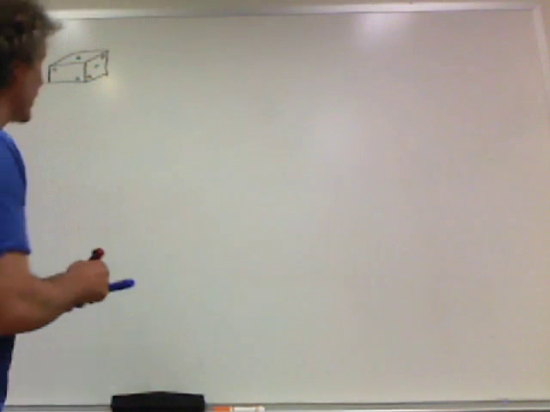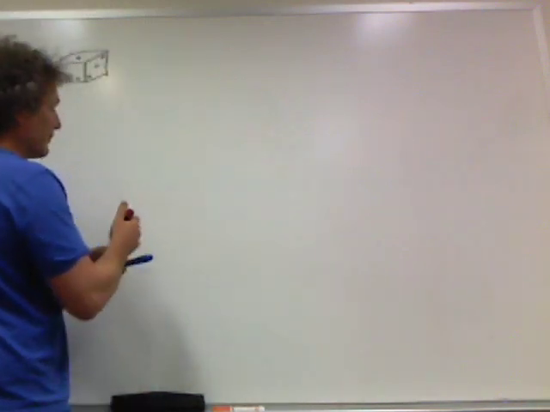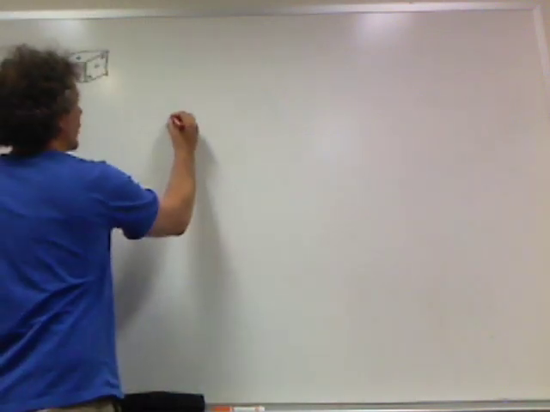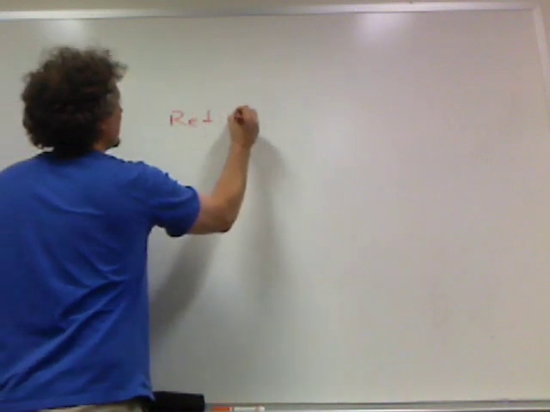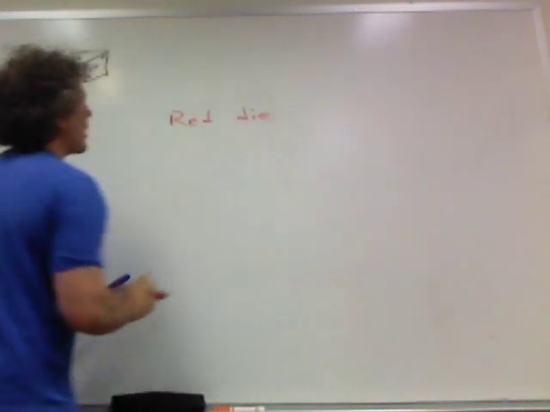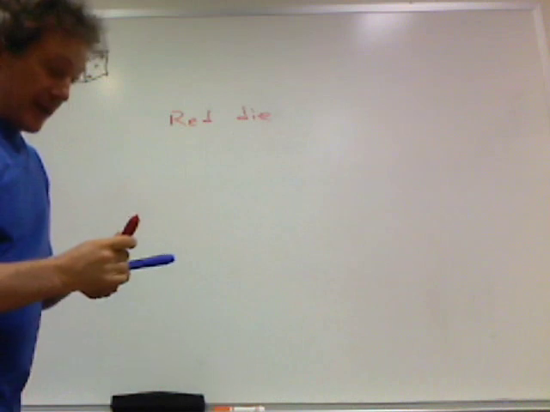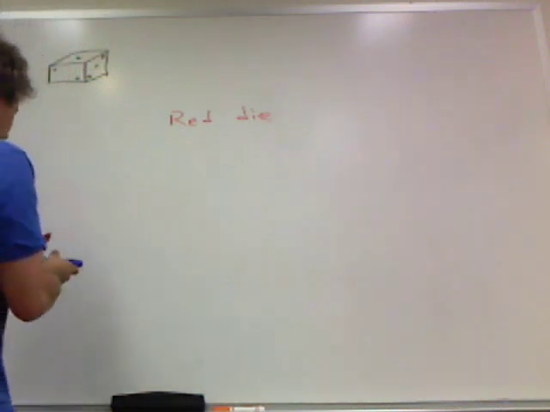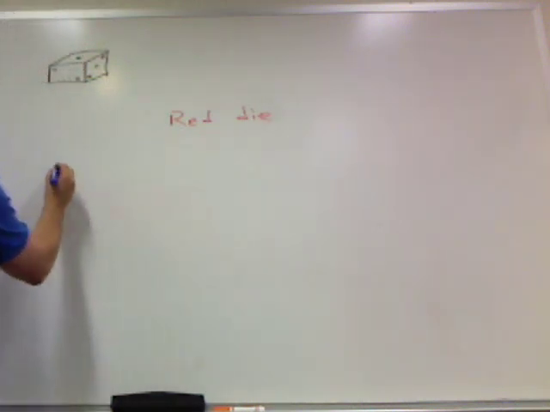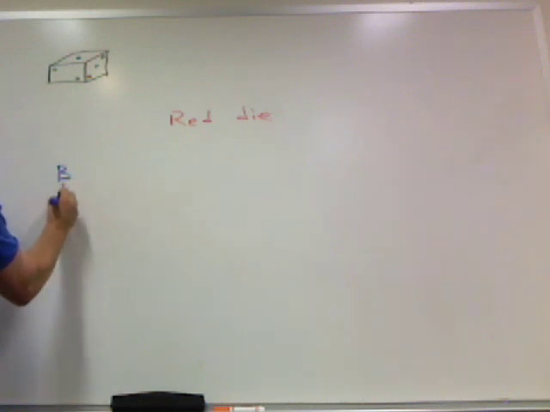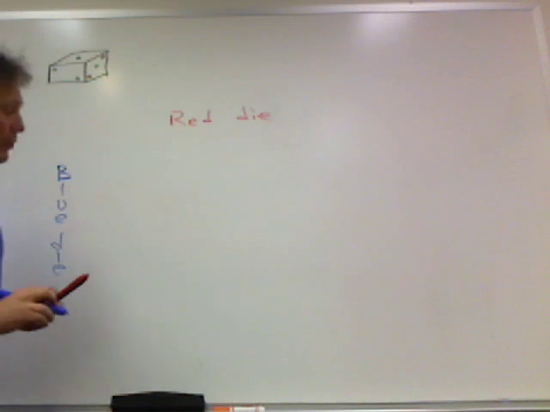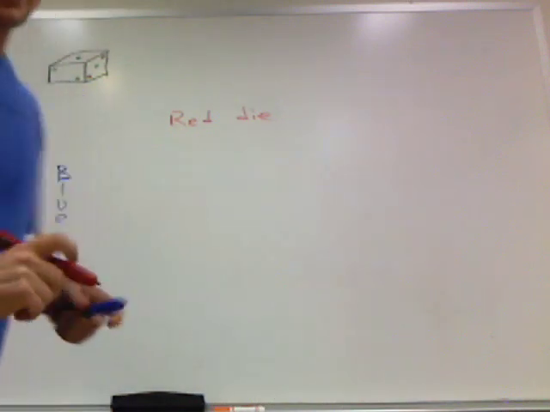dice, and we'll say one of them is going to be red, and one of them is going to be blue. So this will be the red die. Die, of course, is the singular for dice. And this is the blue die here. Okay? Now we'll talk about what can happen.